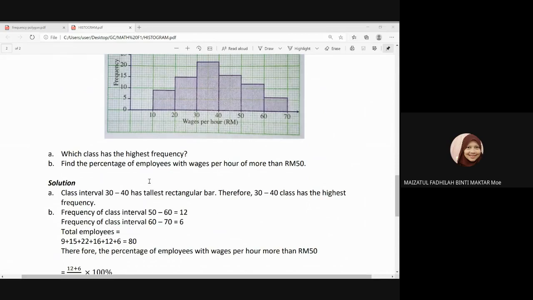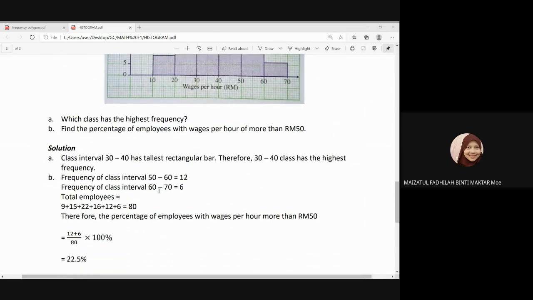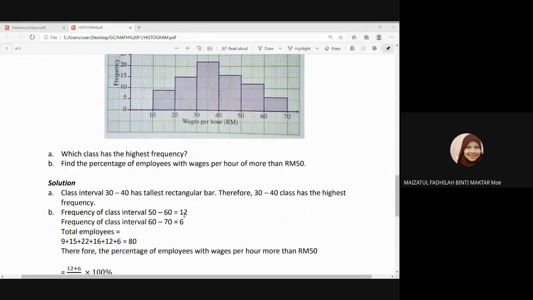So how do we count the percentage? Percentage means the value that you need over the total number, times 100. The frequency that you want to find is 12 plus 6. For the total employees, you just add all the data here: 9, 15, 22, 16, 12, and 6.